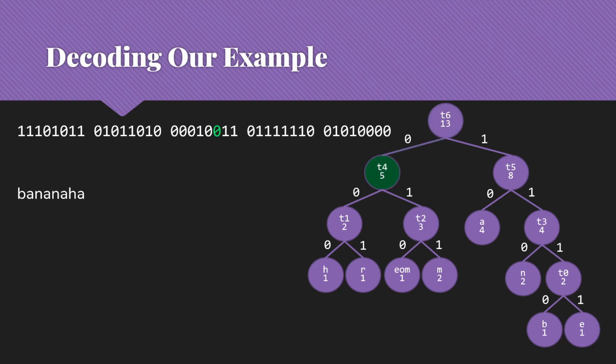This time we're headed right from T4 to T2, and then right again, where we're going to find an M. And we do actually the exact same thing. We're going to head left. We're going to head right. We're going to head right again and get ourselves another M.